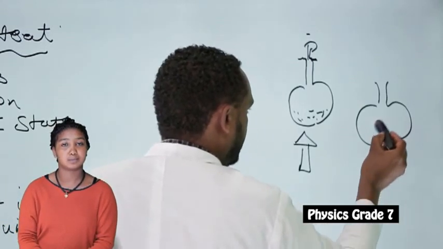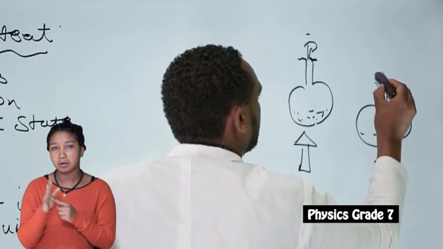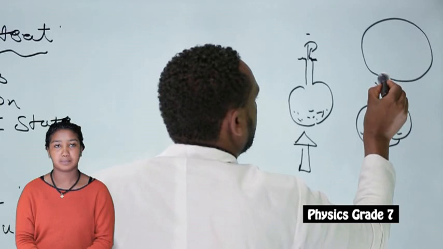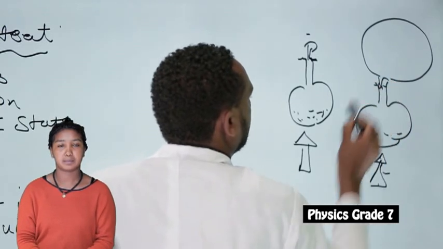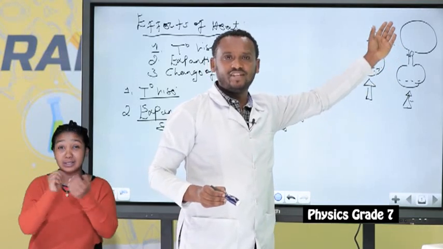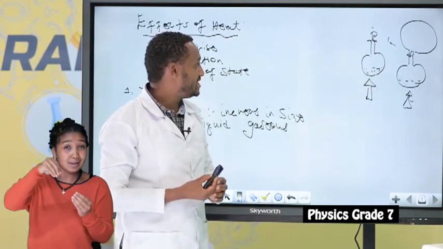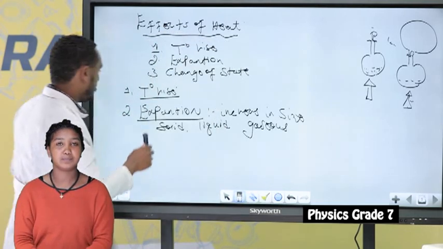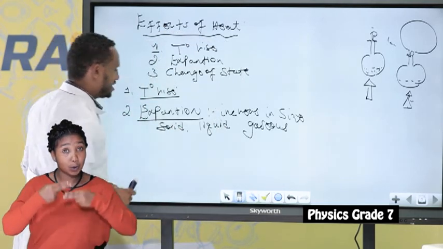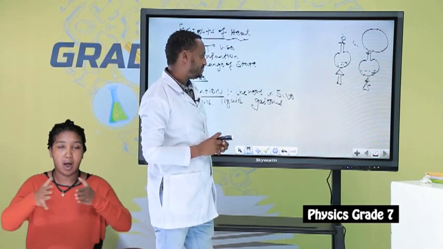This one is the source of heat. It may be a candle. The balloon changes to this shape, an increase in size. This is what we call expansion.